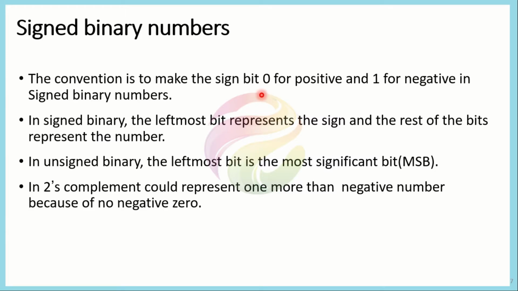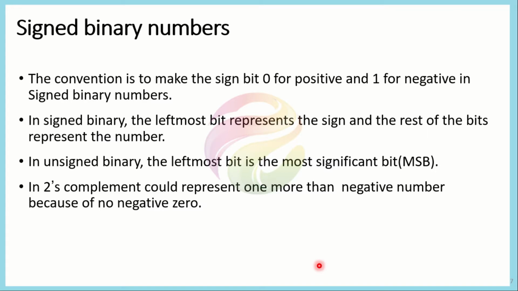If that bit is 0, the rest of the number is positive, and if it is 1, it represents a negative number. The rest of the bits represent the magnitude. The most significant bit is the sign bit, so we represent any given number in the form of a sign bit, and its location is always the most significant bit.